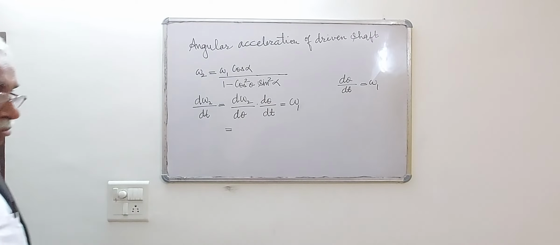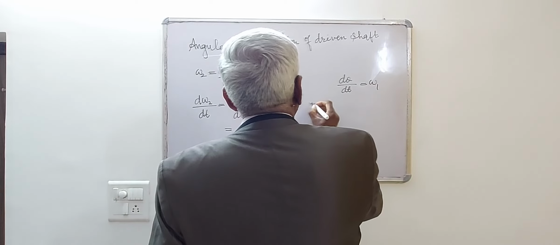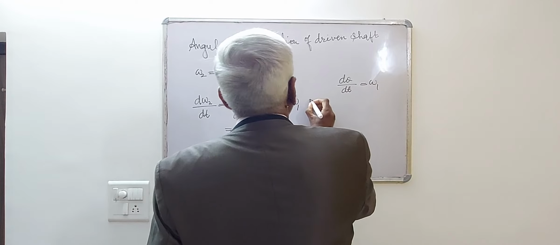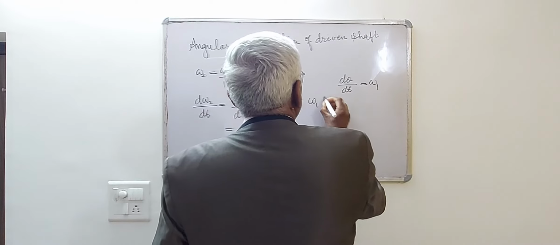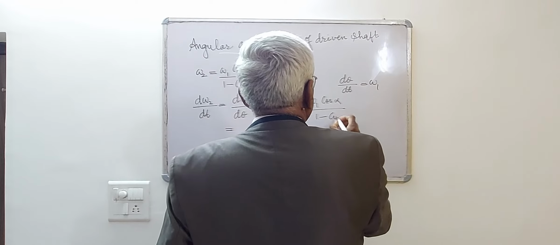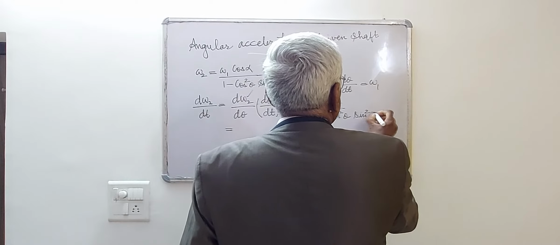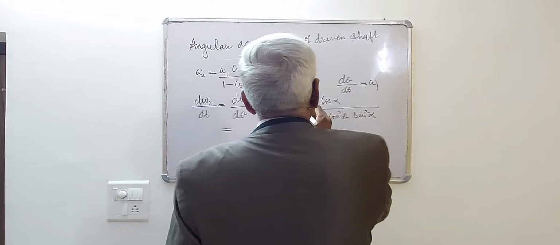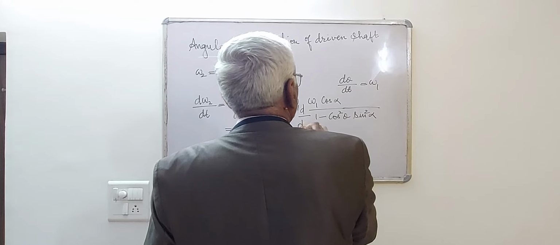Omega 1 is the angular velocity of the driving shaft. And omega 2 is equal to omega 1 cos alpha divided by 1 minus cos square theta into sin square alpha into d by d theta.